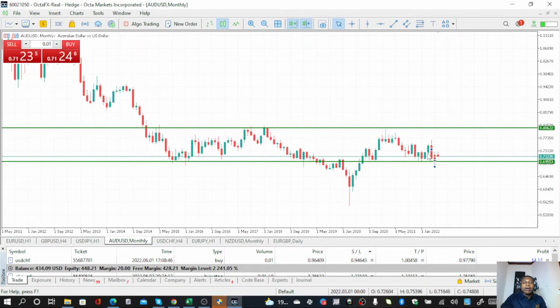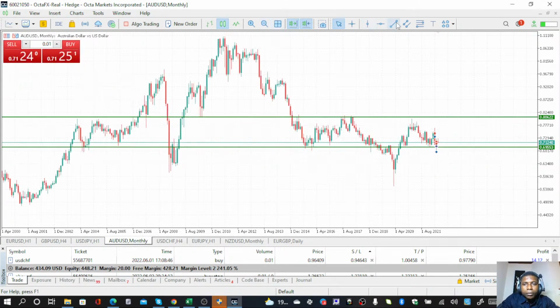From the monthly time frame, it will suffice to say that the market is in a downtrend, and we might be expecting more bearish movement on this pair.